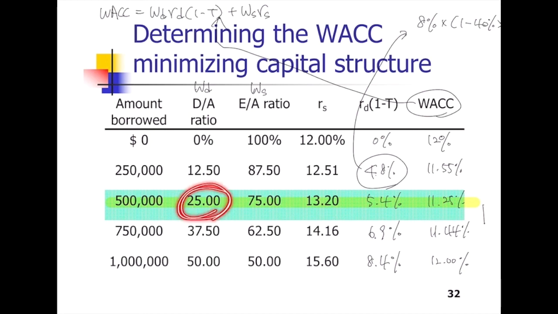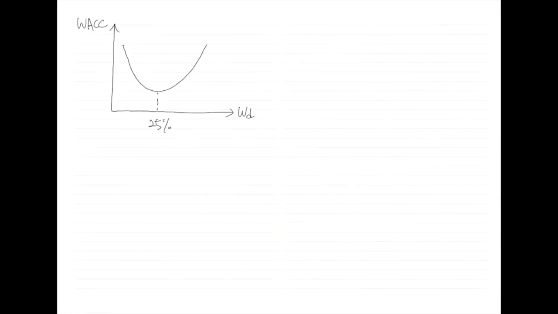Here, right? Why does this happen? Use the WACC equation: WD times RD times (1 minus T) plus WS times RS.